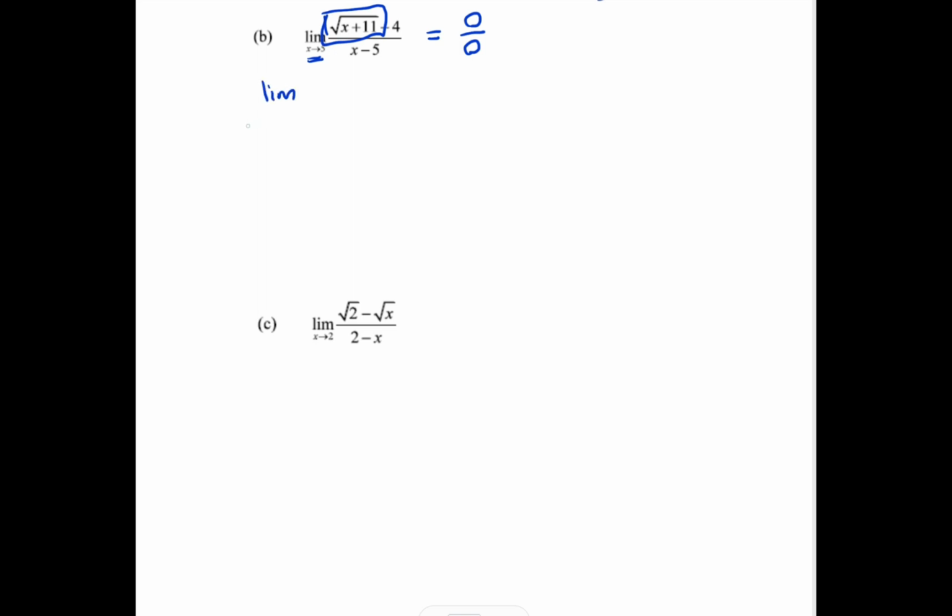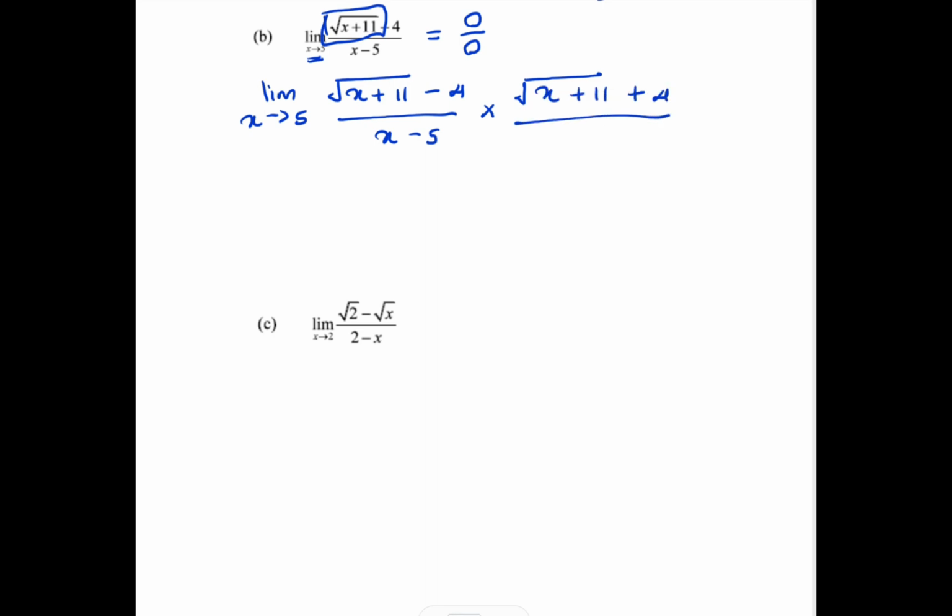So limit x approaches 5 of square root of x plus 11 minus 4 divided by x minus 5, times by the conjugate, square root of x plus 11 plus 4 divided by square root of x plus 11 plus 4. Since the sign here is -4, it becomes +4, and the same +4.